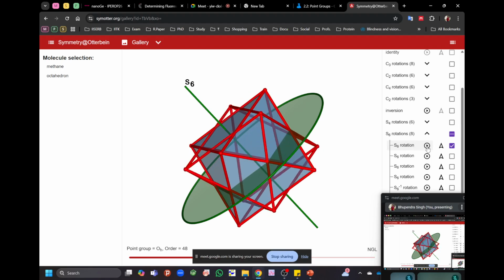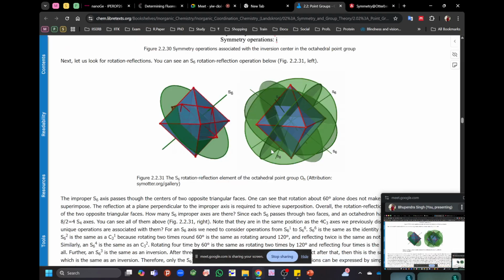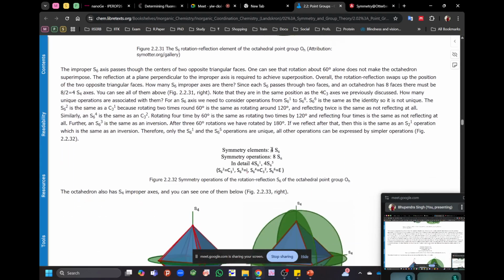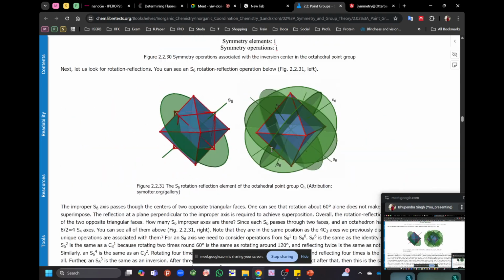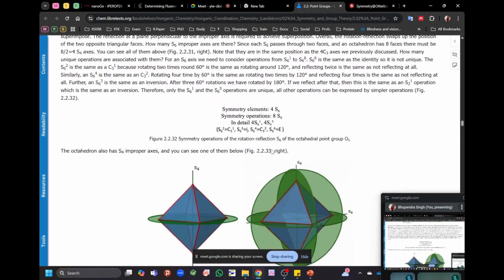This is the rotation. This is the reflection. So this was the S6 improper axis of rotation.